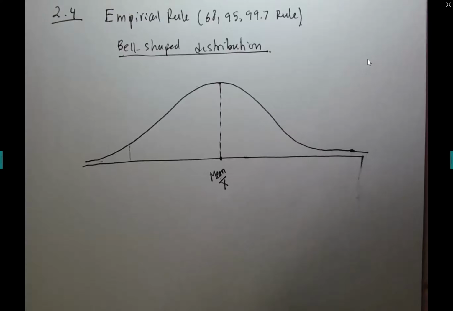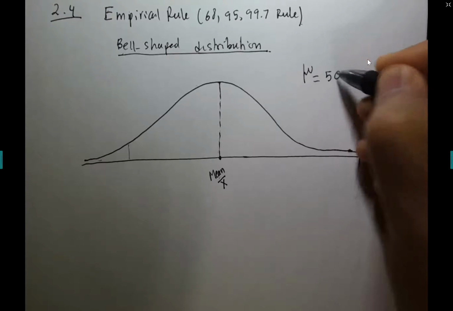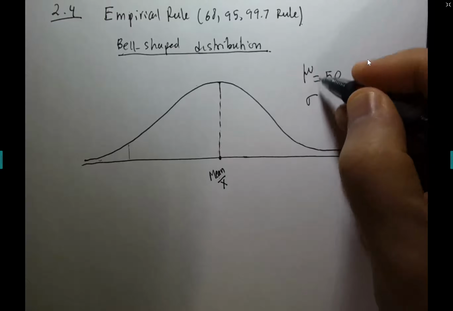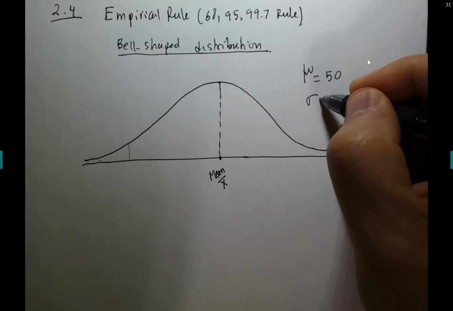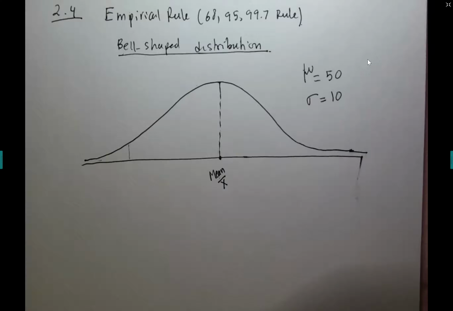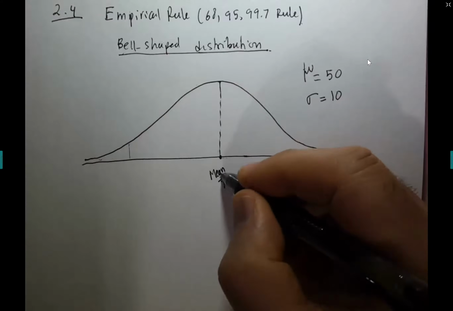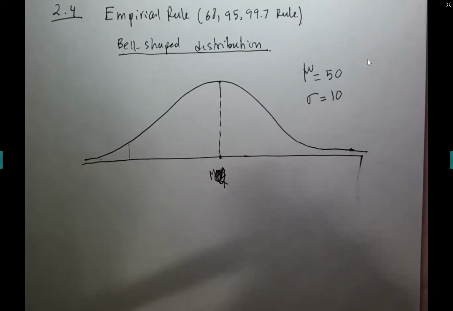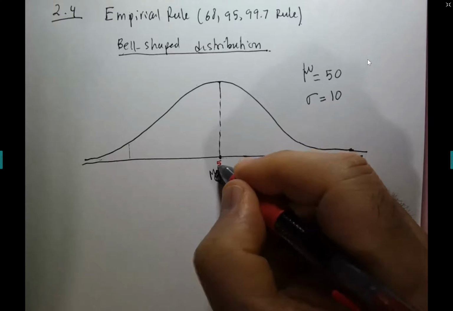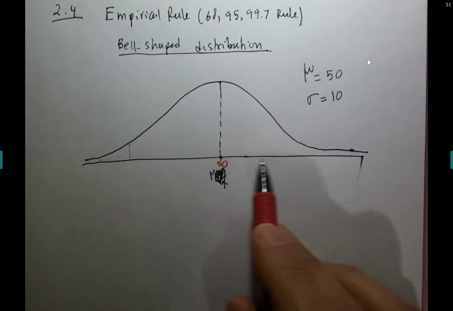Now, let's say, guys, the mean turned out to be 50, and the standard deviation of this data set turned out to be 10. So we have a data set. The mean is 50, and the standard deviation is 10. I'm going to show you how to scale those 2 numbers on the number line. We said the mean is right in the center, so the 50 is going to be right here. Now, when you go on the number line to the right, the values go up.